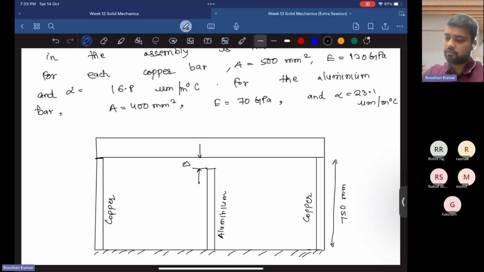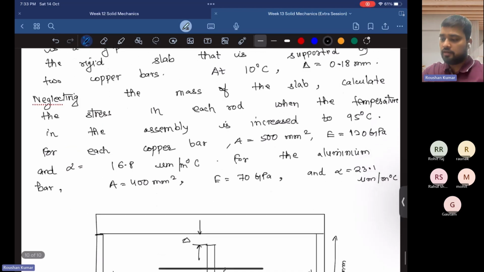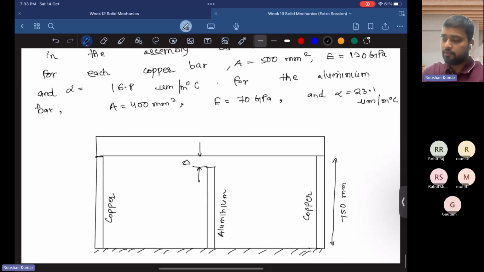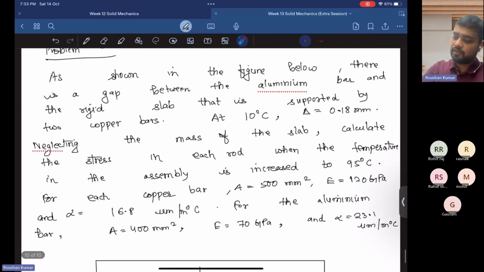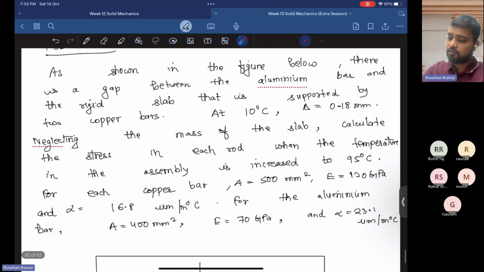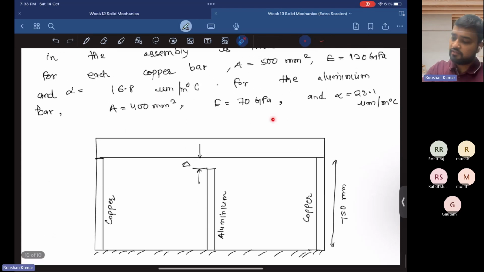So I'm repeating the question. As shown in the figure below, there is a gap between the aluminum bar and the rigid slab that is supported by two copper bars. So this is the rigid slab, which is supported by two copper bars.